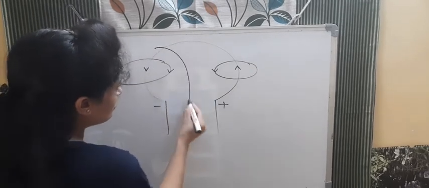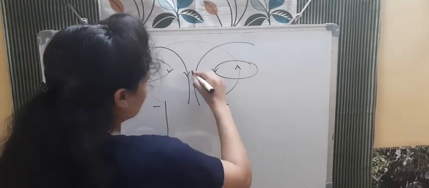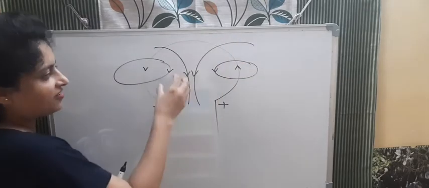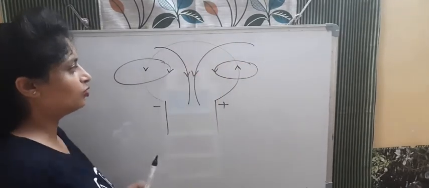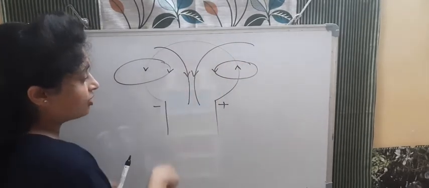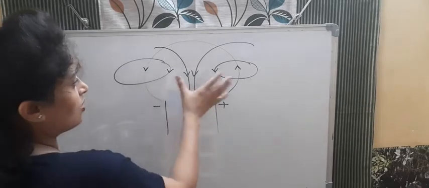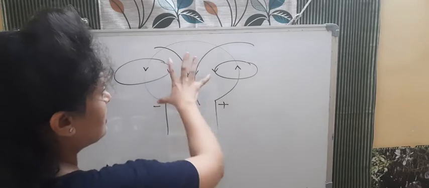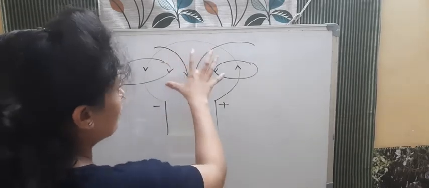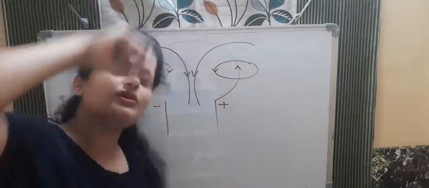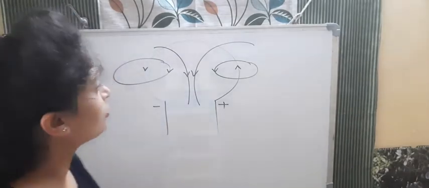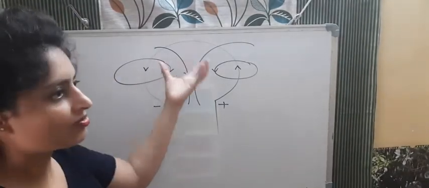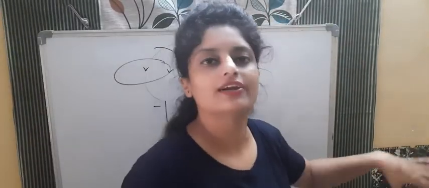So what we observe at the center is the magnetic field lines coming out from the loop. They are going in this direction. So when we see this pole, this is anti-clockwise. So this upper part is north, and when you see it from here, the down part will behave like south. So magnetic field lines are coming out from the north and going into the south.